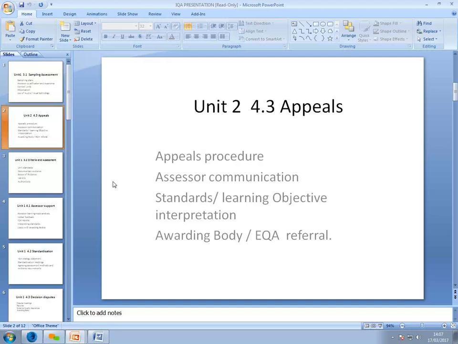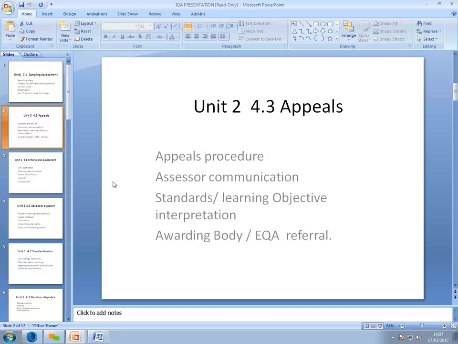If they cannot agree at that point, the candidate or the learner can take it to the IQA, who will then adjudicate between the assessor and the student, and will come down either on the side of the assessor or on the learner, in which case the assessor will take advice.